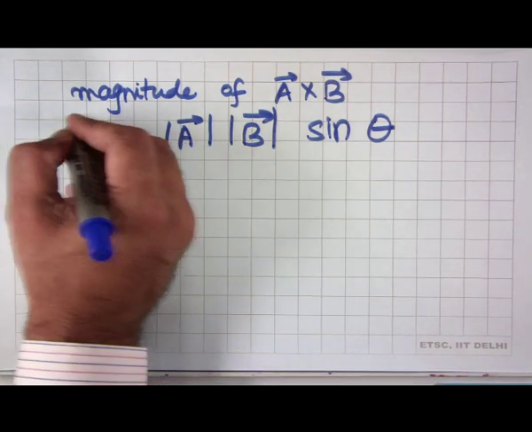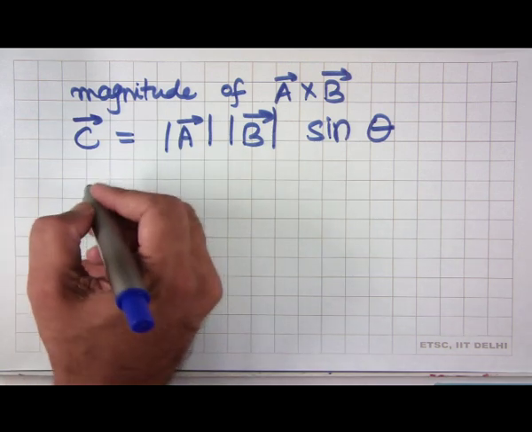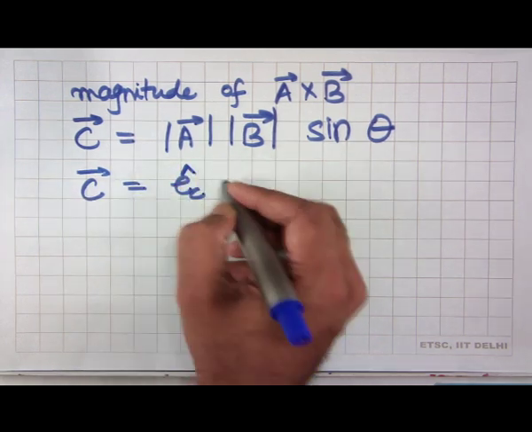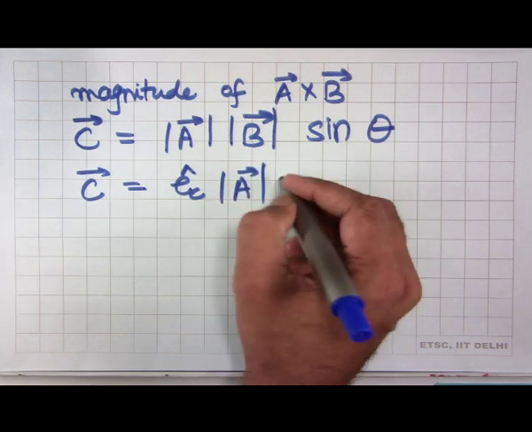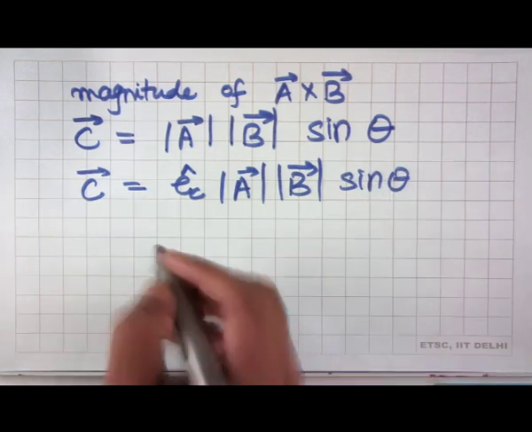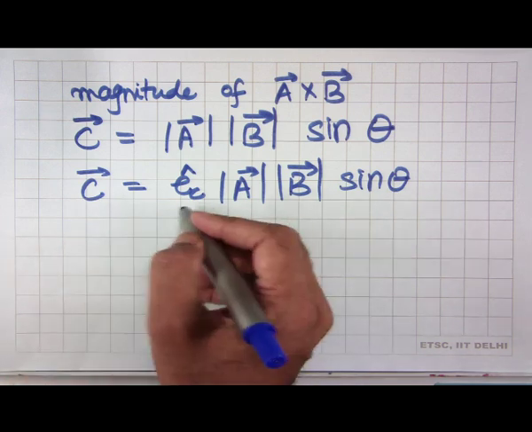And let me call this vector C. So, now we can say the vector C can be written as a unit vector along C times the magnitude of A times the magnitude of B times sine theta. We still have to explain the direction of C, which will give us EC.